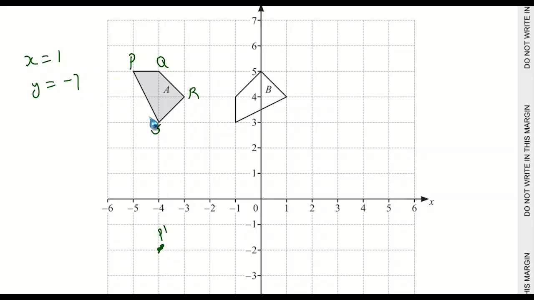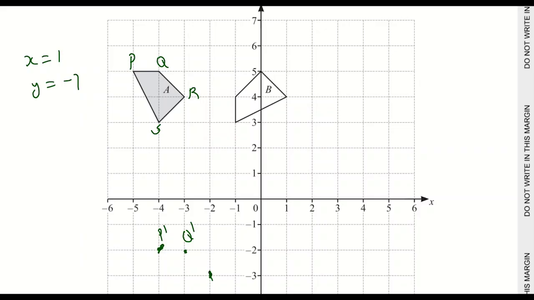Of course, the gap between P and Q is 1 step, so we can put Q prime here, because if you count from here 1, then go down 7 times, 1, 2, 3, 4, 5, 6, 7, it will be there. Then the next one is point R. From here 1, 2, 3, 4, 5, 6, and 7 will be here.